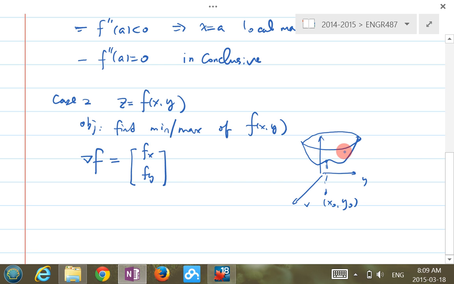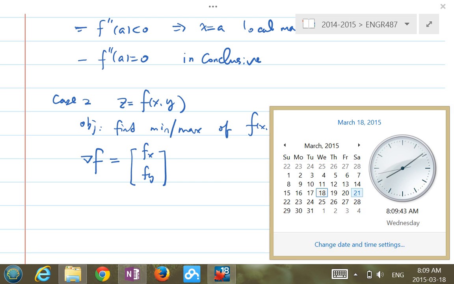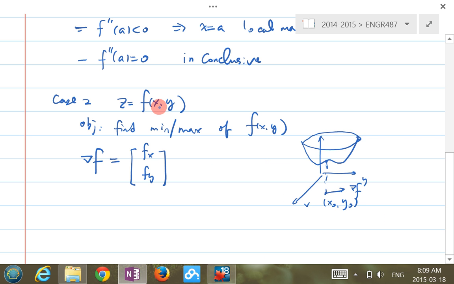So the gradient, delta f, in this case, because it's a function of two variables, is a vector in the xy plane. It points in the direction of greatest increase for the function. So if you go along that direction, the point on the surface is supposed to go up, right?